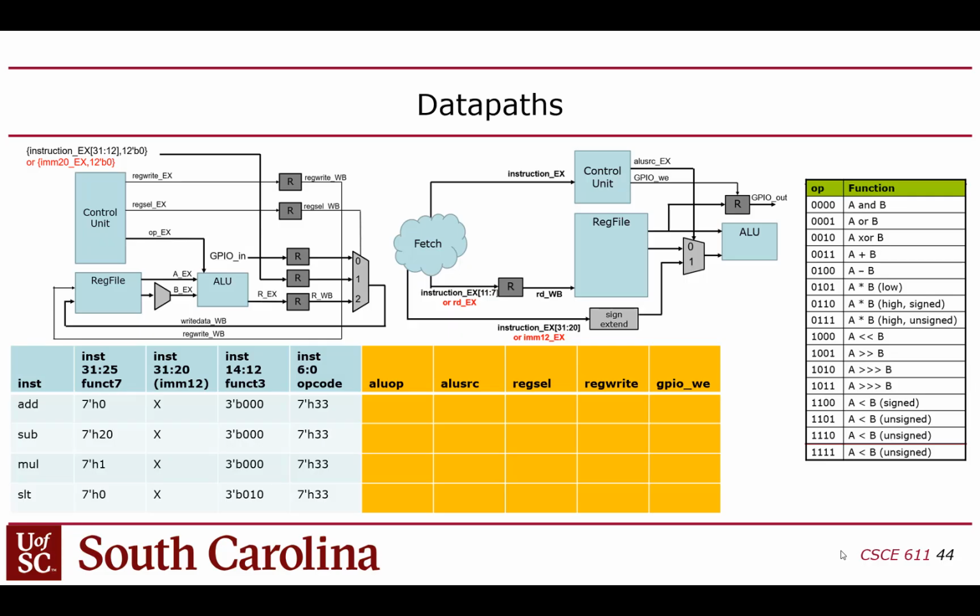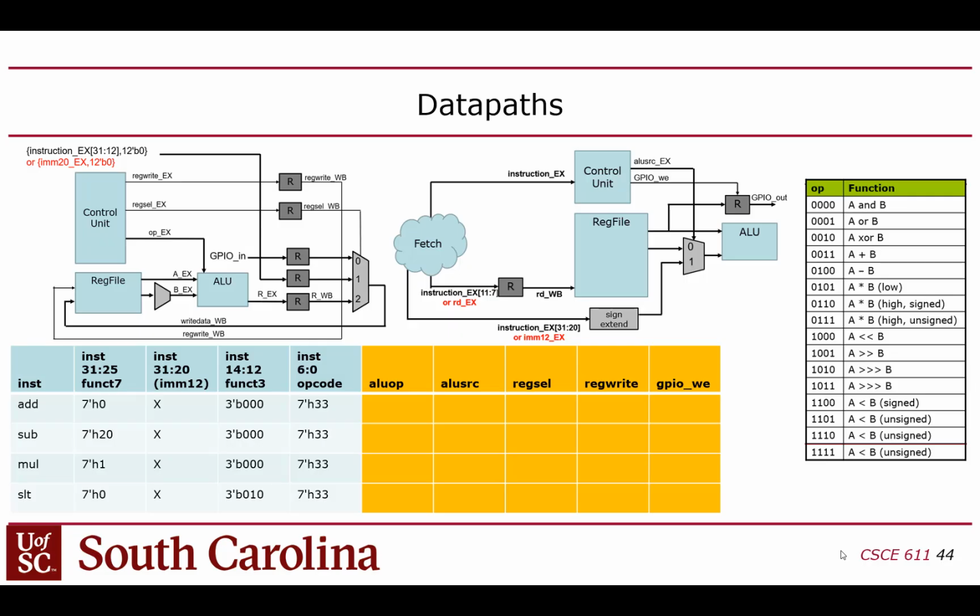So the control unit is a lookup table. But in Verilog, you can build a lookup table just with an if statement, if then else, right? And what ends up happening is the if then else is automatically converted to a table. But by making it an if then else, you can make it more readable, and you can also encode don't cares and priority, which is part of the syntax of the if then else, right?